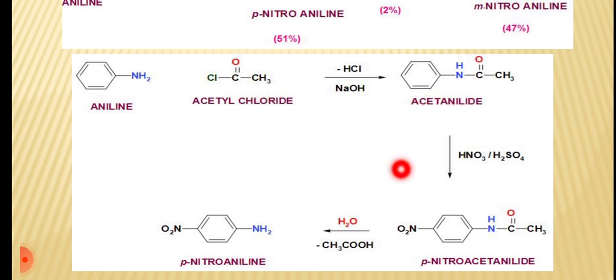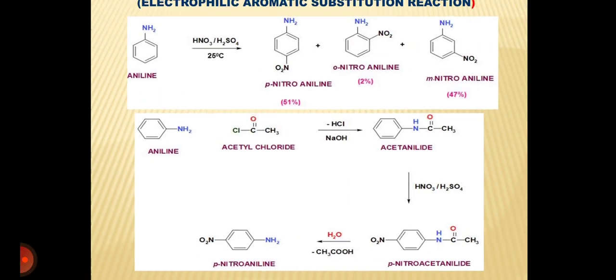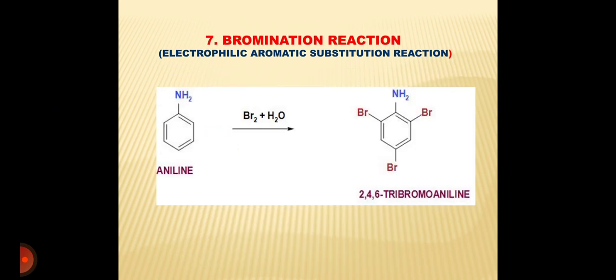This acetanilide on reaction with nitric acid and sulfuric acid gets converted to para-nitroacetanilide, which on hydrolysis gives formation of para-nitroaniline. So if we desire to obtain a single compound like ortho-nitroaniline or para-nitroaniline, this reaction will help in isolating the single isomer.